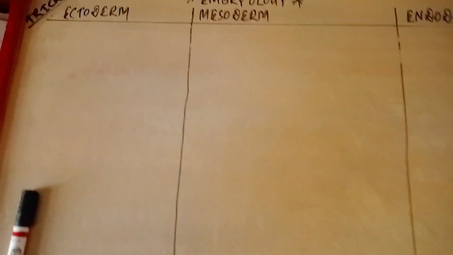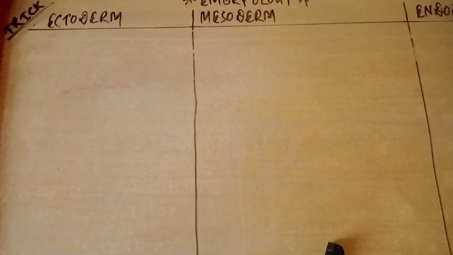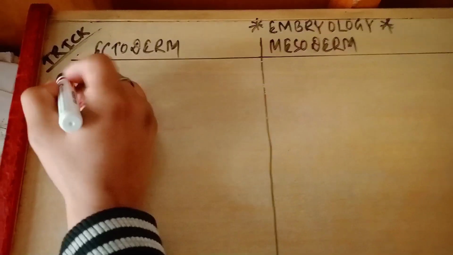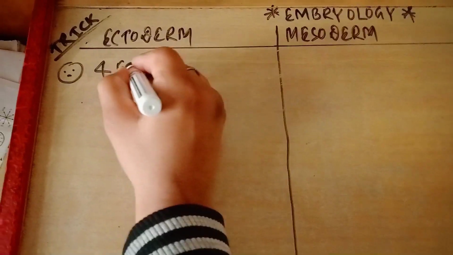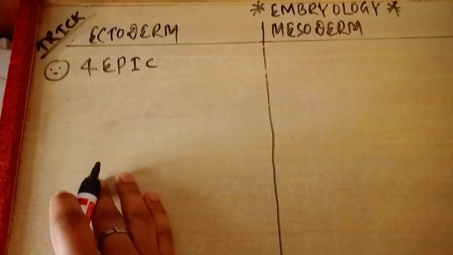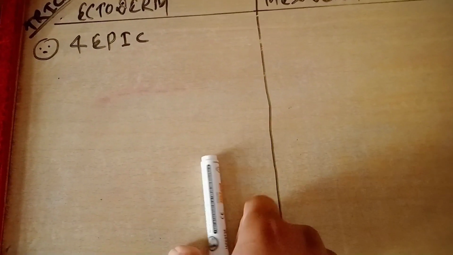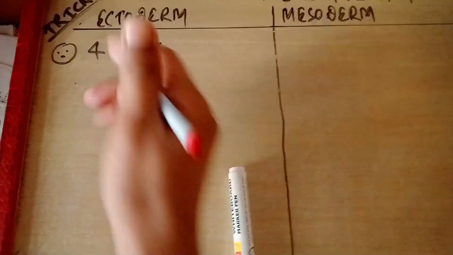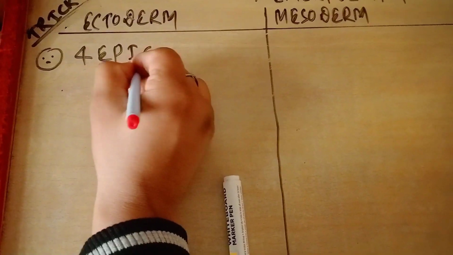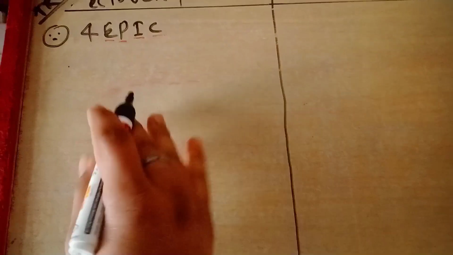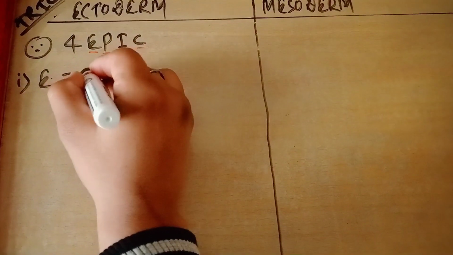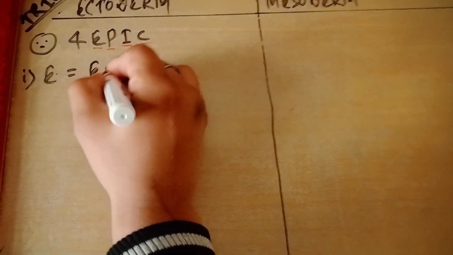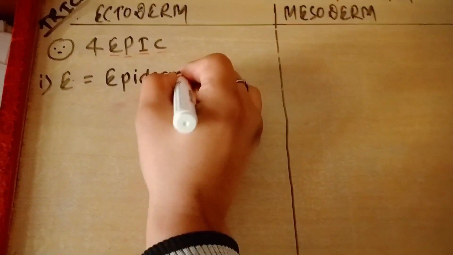To remember the examples of ectoderm, we have a trick, and the trick is 4 EPIC. Now in the first E, E means epidermis.